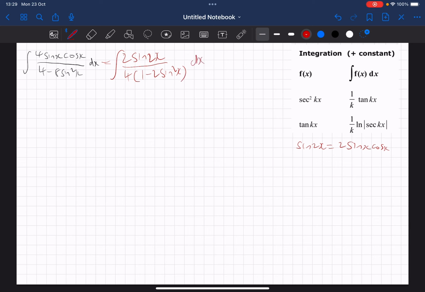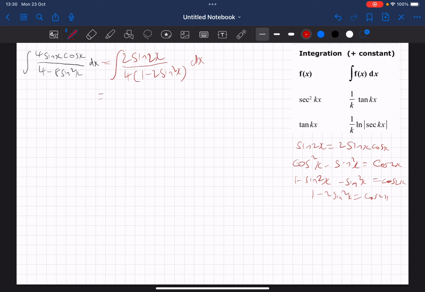But because I know that cos squared x minus sine squared x is the same as cosine of 2x. Now if I replace cos squared x with 1 minus sine squared x, then minus sine squared x is cos 2x, then I get 1 minus 2 sine squared x is cosine of 2x. So that's the formula I want to use.